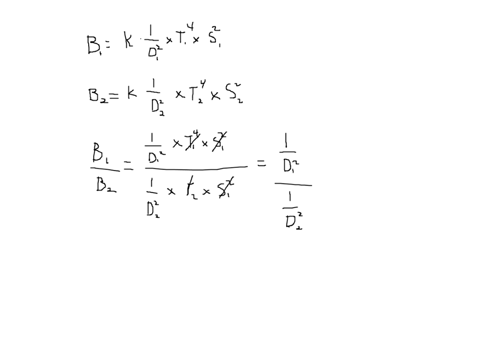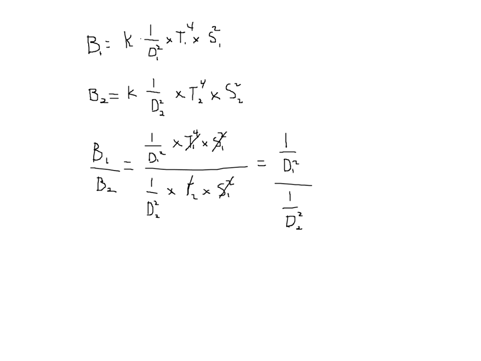Okay, but now in this example we said that the distance to star B, or to the second star, was 4 times the distance of the one we're comparing it to. I know my subscripts are a little weird, but we said that it was 4 times further.